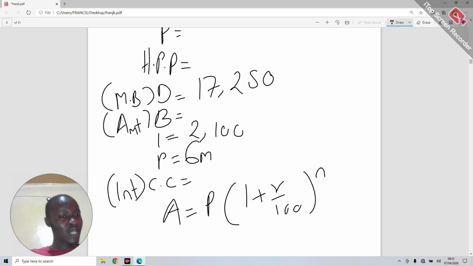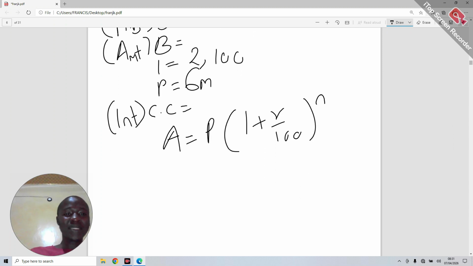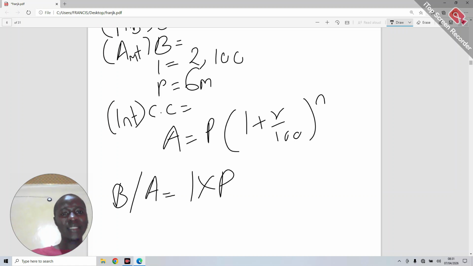Then I gave you the second option, which was taking installment times period. Now that one is available, and that is what we shall use to get our balance, which is also the same as amount. Balance, or amount, equals installment times period.